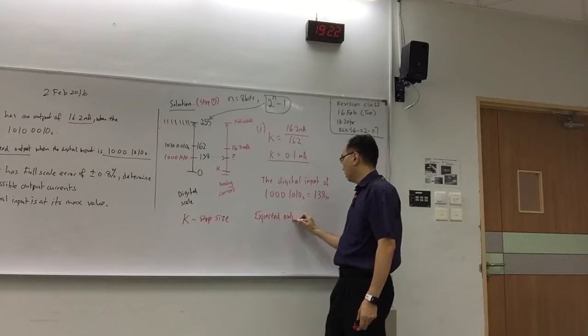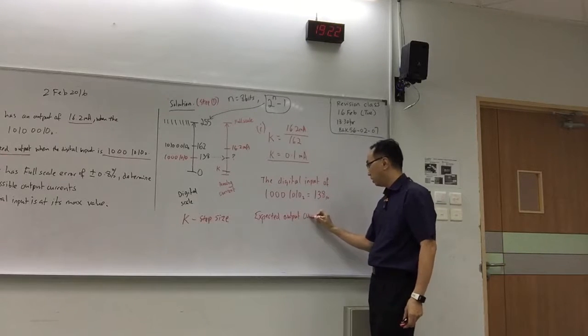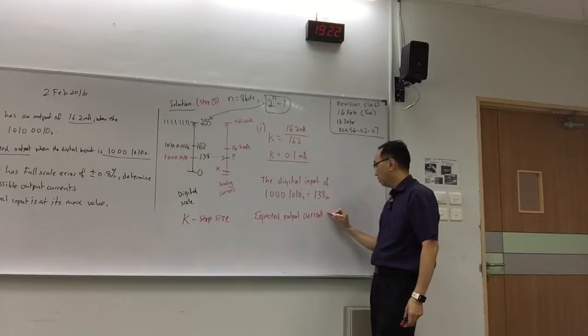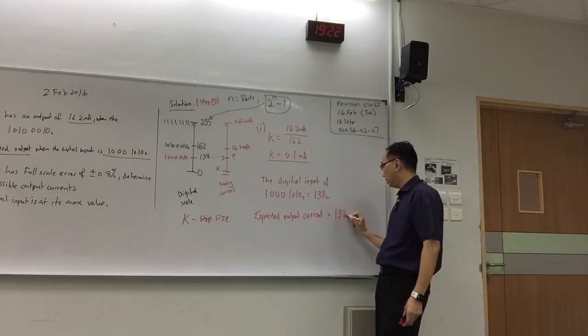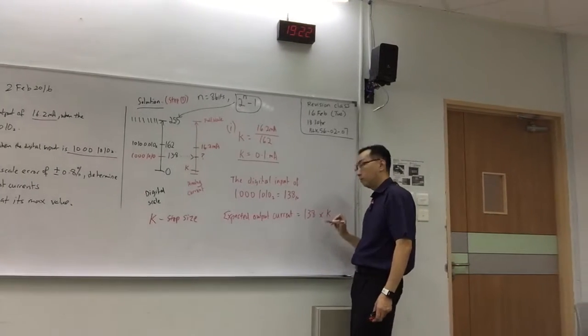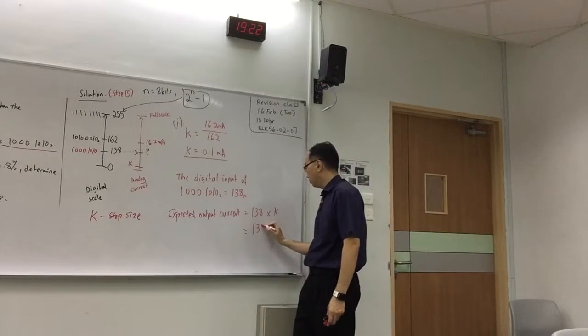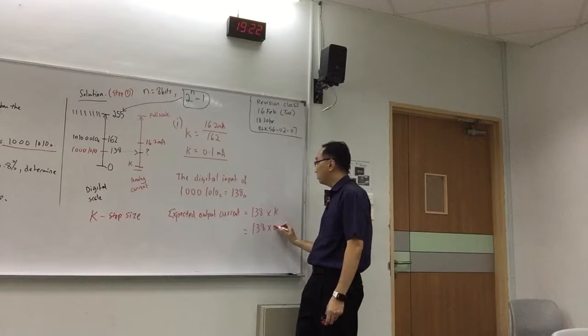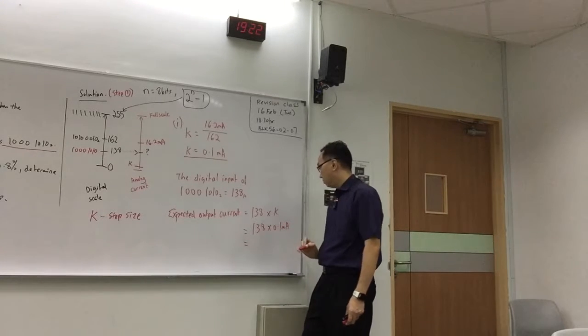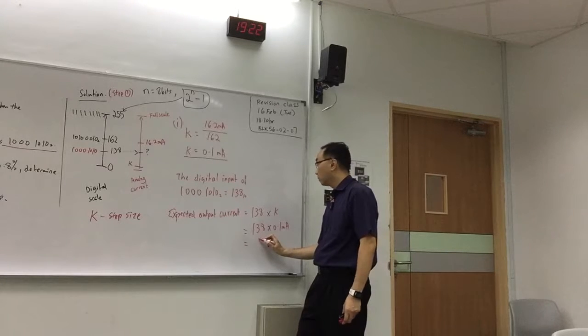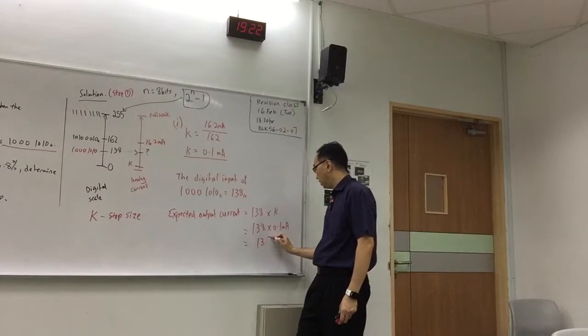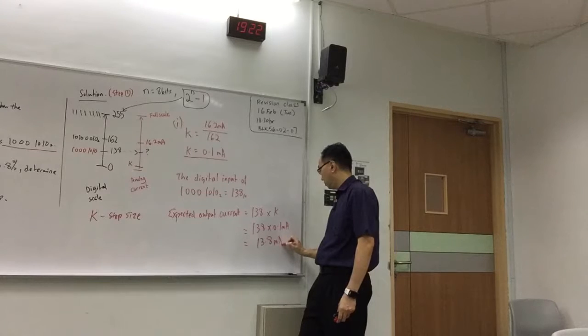Expected output current equals 138 times K, and that gives me some value times 0.1 milliamp. So the answer would be 13.8 milliamps.